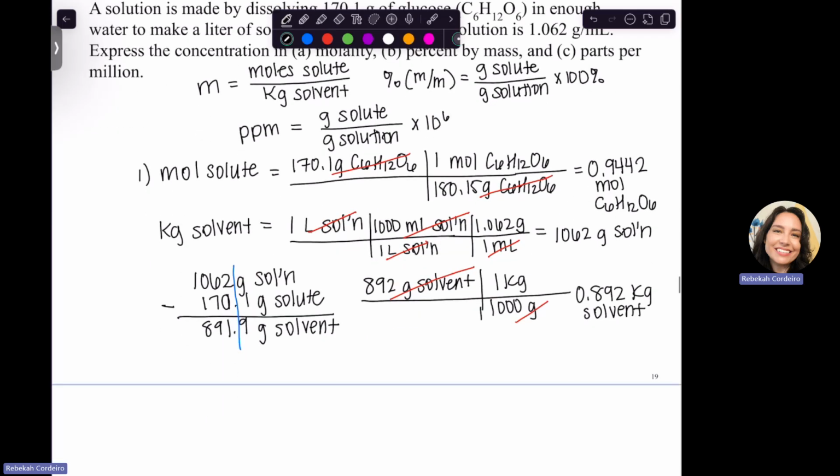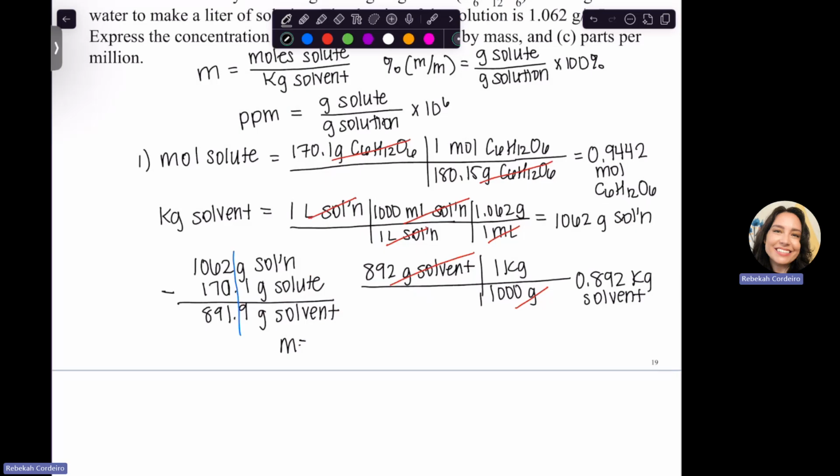So my molality is moles of solute over kilograms of solvent. So for 3 significant figures, we get 1.06, and the unit is lowercase m, molality. Or we could describe it as 1.06 molal, M-O-L-A-L.